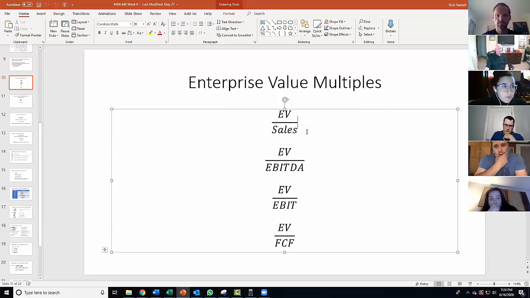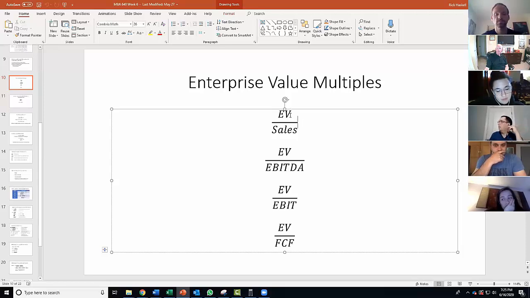And we can look at companies based upon that ratio. So I can do the same thing with EBITDA. I can do the same thing with EBIT. I can do the same thing with free cash flow. These are all enterprise value multiples, which simply means enterprise value is the number in the numerator. The number in the denominator is some cash flow unit.